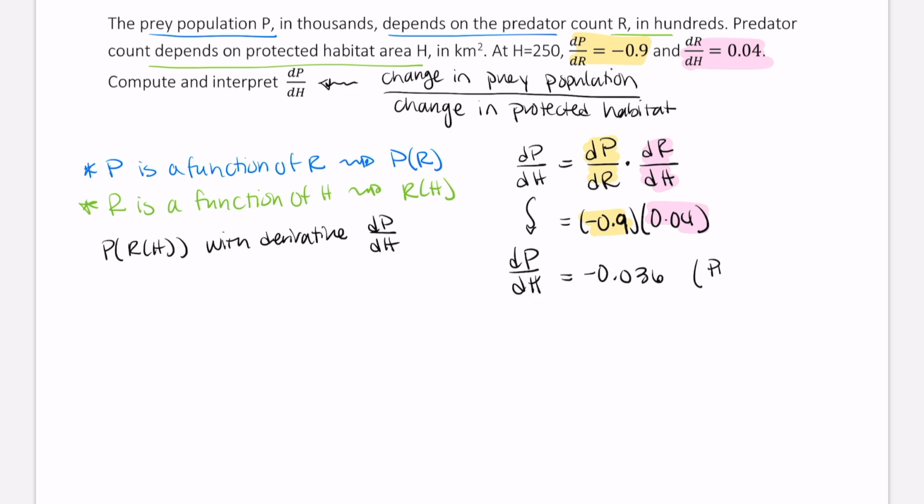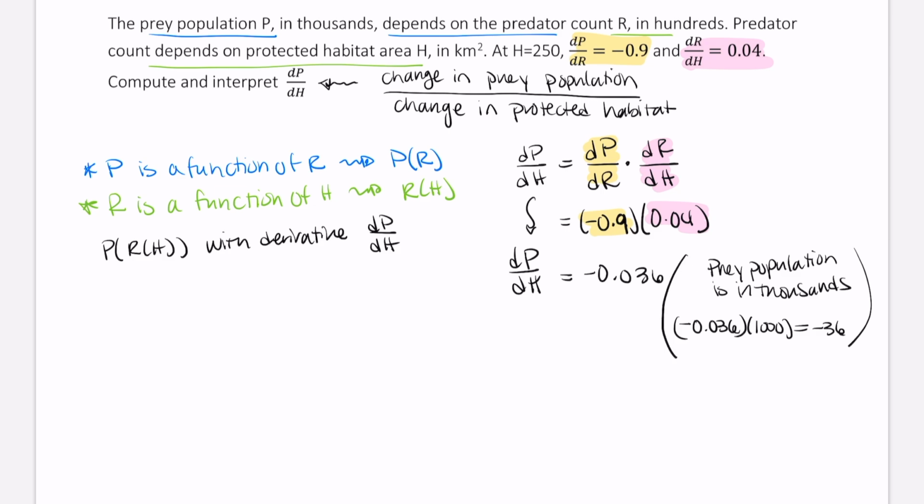So prey population is in thousands. So we have negative 0.036 times 1,000 is equal to negative 36. And oopsies, excuse me, I was just trying to get this all together as a little aside there.